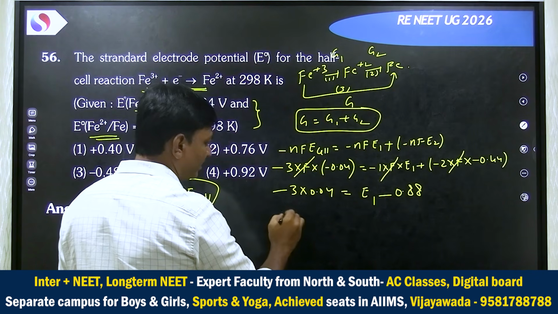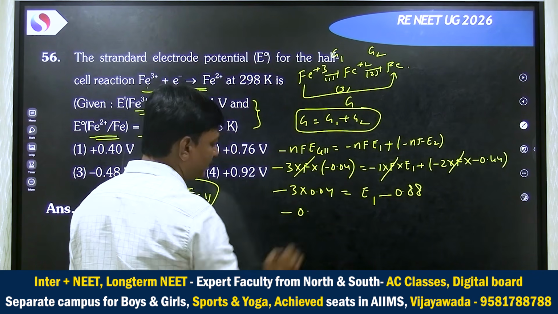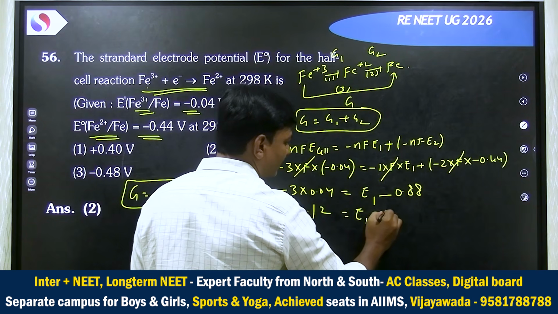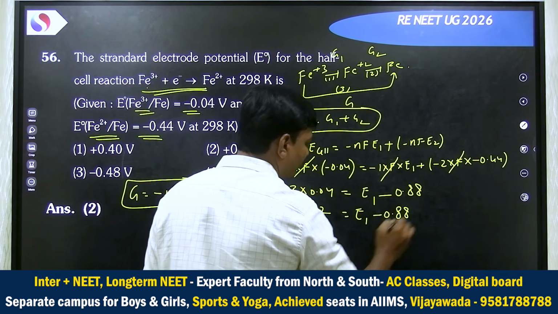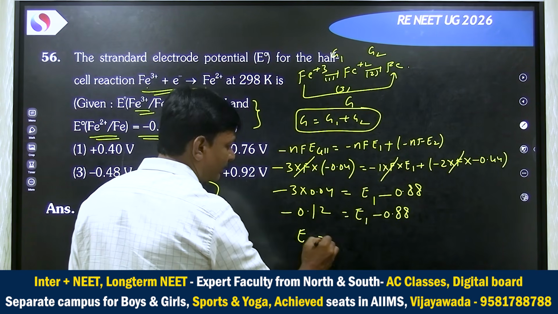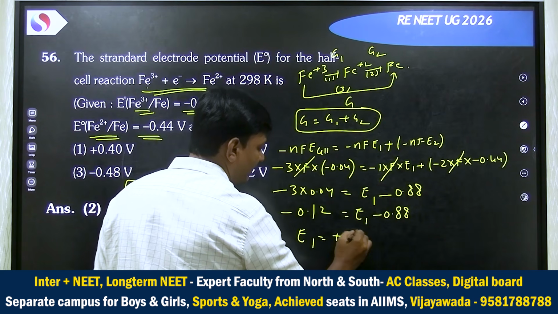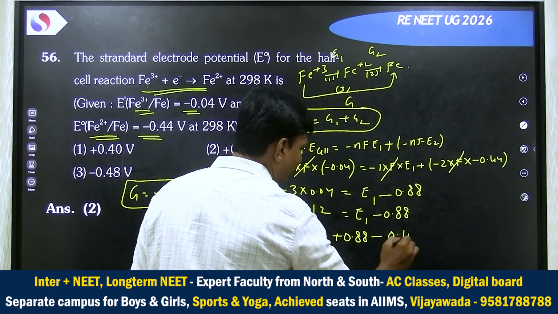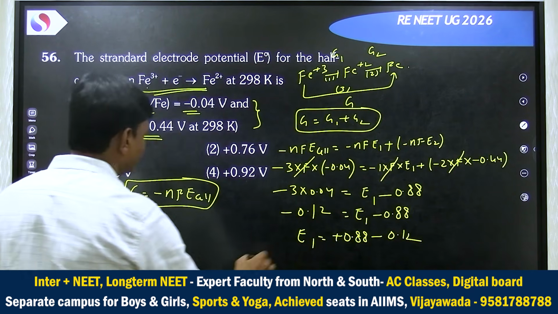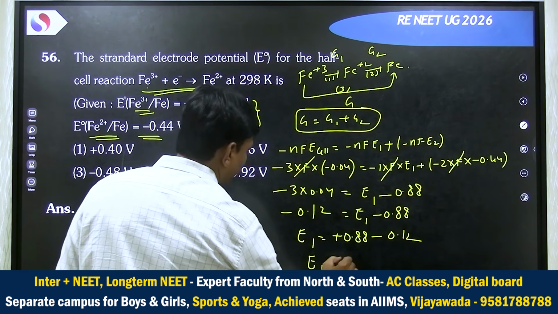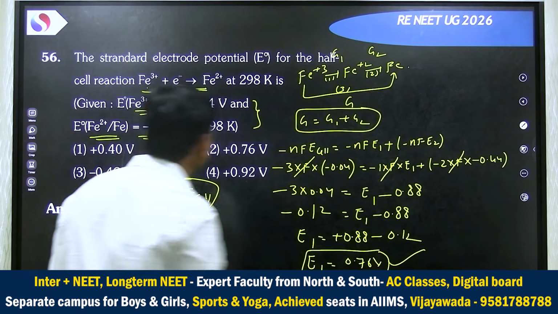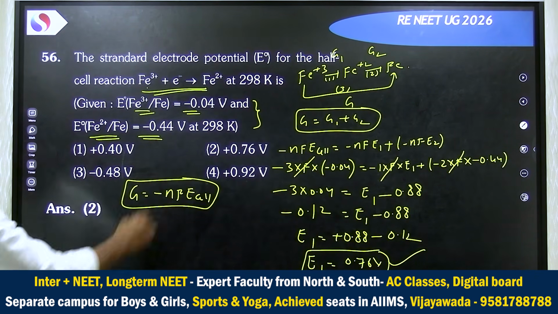So here minus 0.12 is equal to E1 minus 0.88. So E1 equals plus 0.88 and minus 0.12. Then finally we get E1 equal to 0.76 volts. Okay. So the correct option will be the second option.